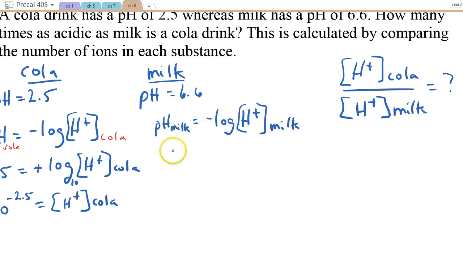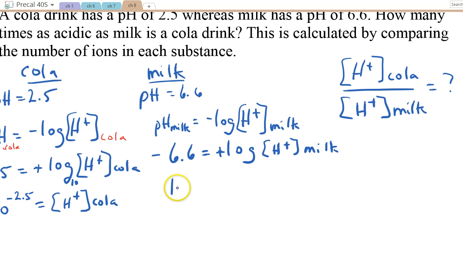My value is 6.6, so I'll put 6.6 is equal to the negative log of, I'll write it all out again, of milk, and multiply both sides by -1, so this becomes negative, that one becomes positive, and now I'll say 10 to the power of -6.6 is equal to my H+ concentration for milk.